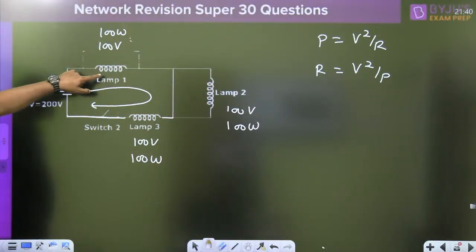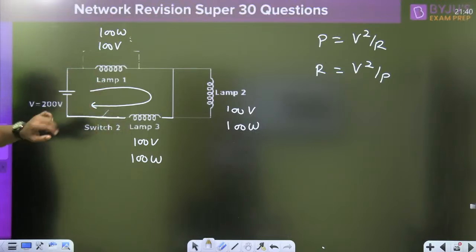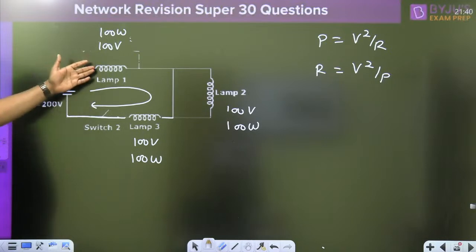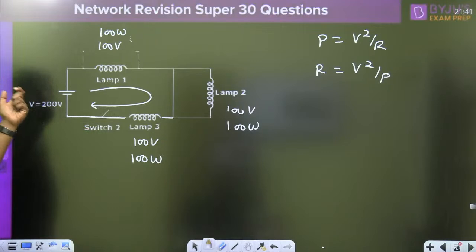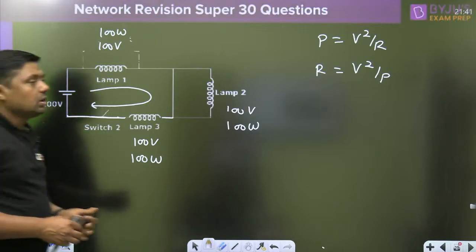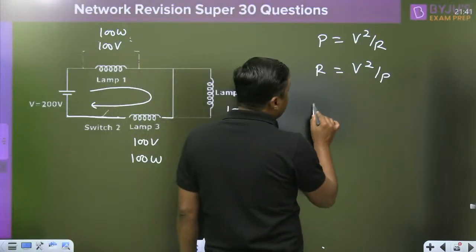Simply, the voltage across this lamp is 100 volt, and across this lamp is 100 volt. So each will consume 100 watt power. So what is the power given by this battery? 200 watt. The power given by the battery is 200 watt.